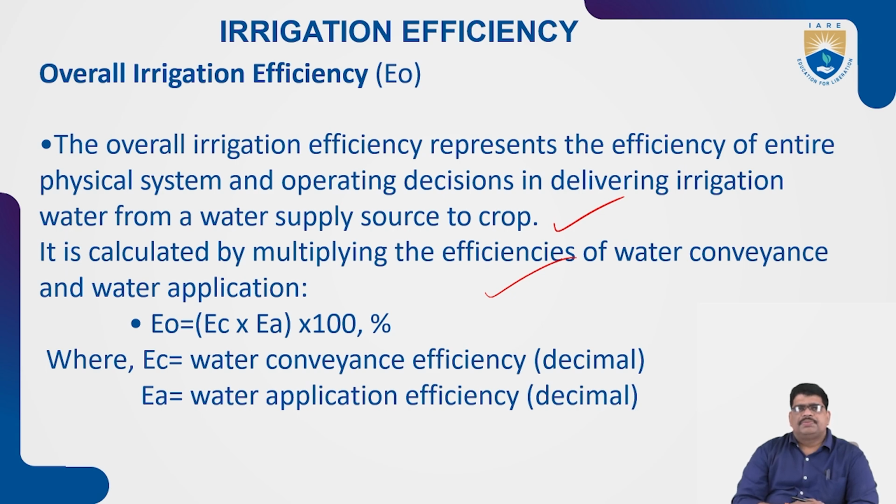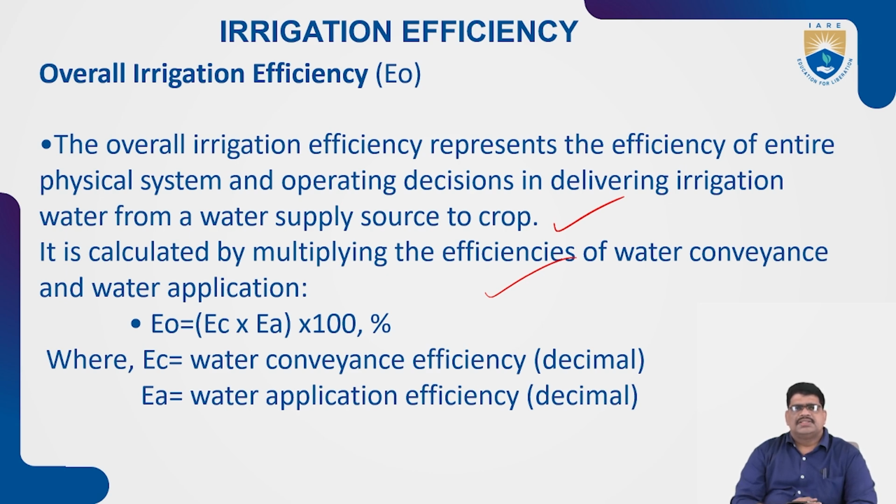So what is meant by EC and EA? EC is the water conveyance efficiency. We have discussed how much water is conveyed from one place to another by using different modes, whether pipeline or canal, whatever it is, without any losses of the water.